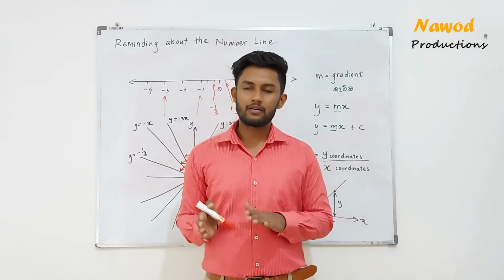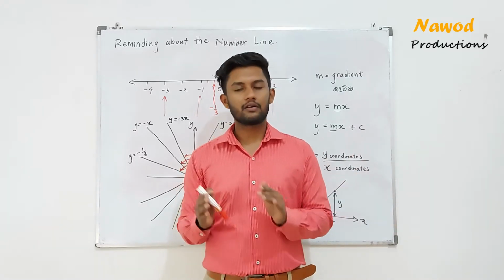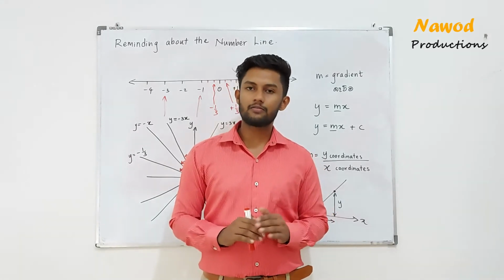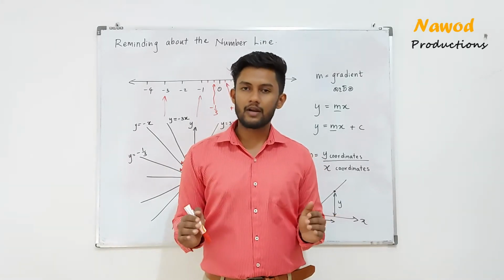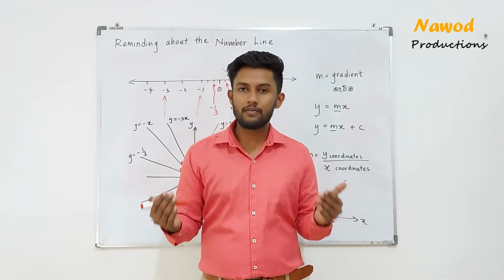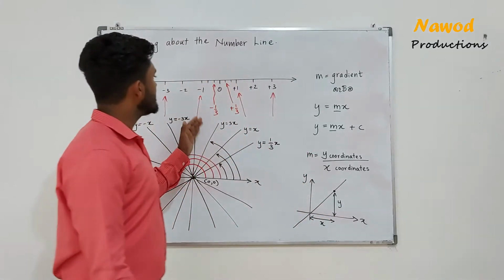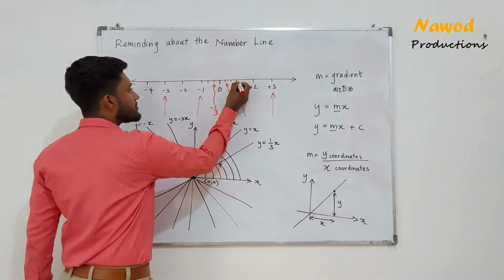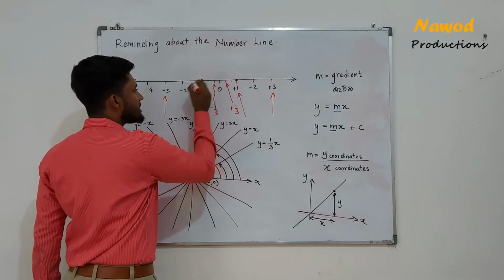That means when going to the positive side and when going to the negative side of the number line, how the magnitude of a number changes, or else how magnitude can vary. Yes, dear students, you can see here plus 1 and minus 1.